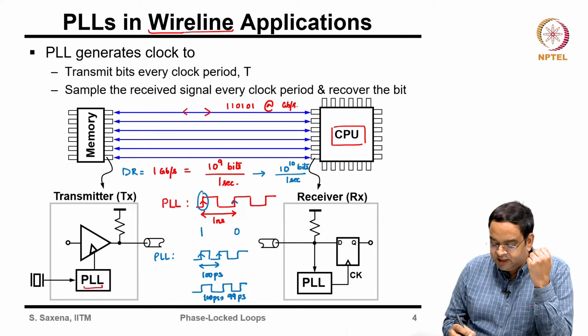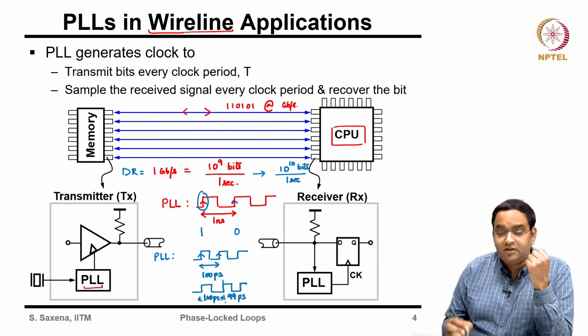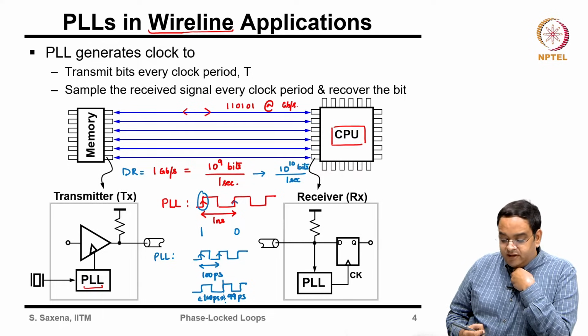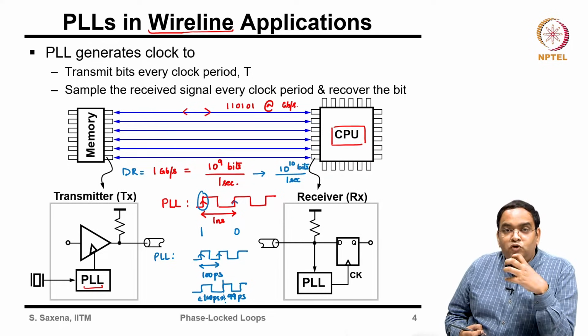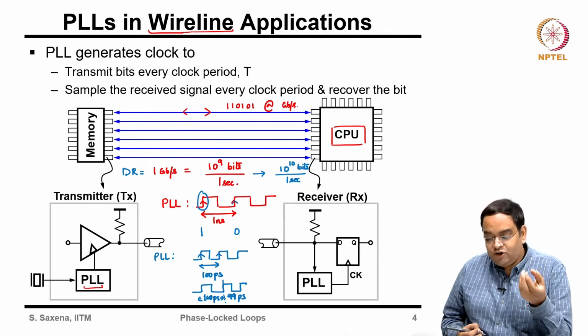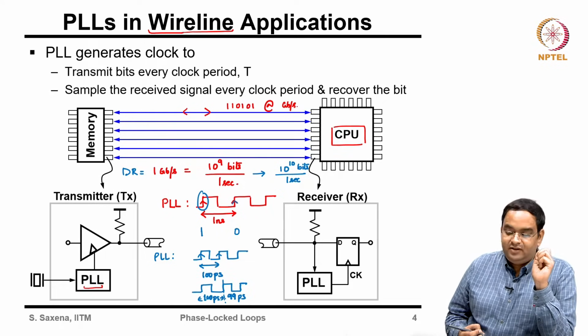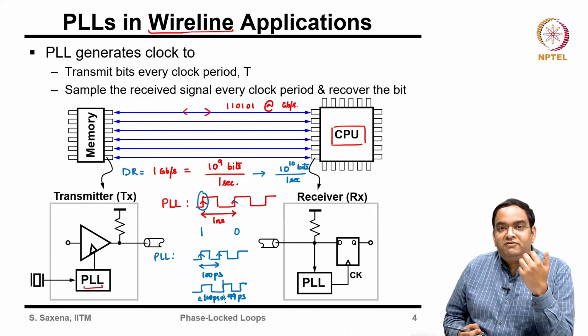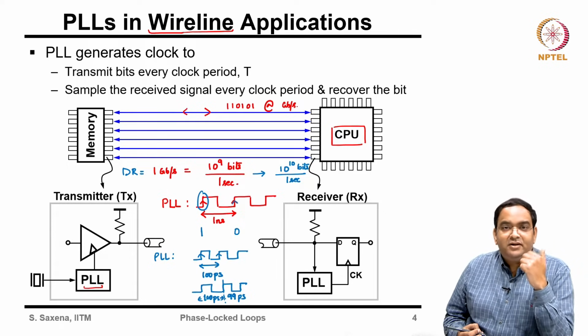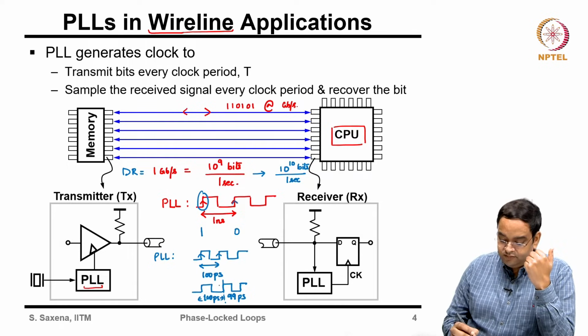If it happens that your clock generator gets corrupted, any device can behave badly. If that happens, then you lose the information, whether while transmitting or while receiving. If you lose the information, what happens? Your data gets corrupted.